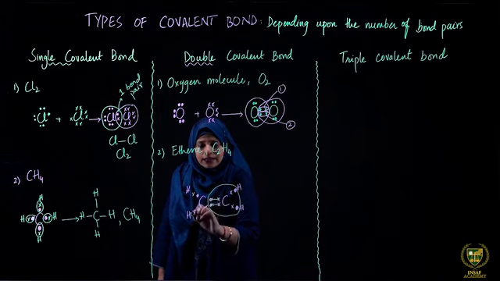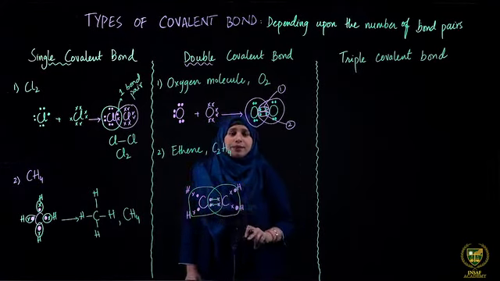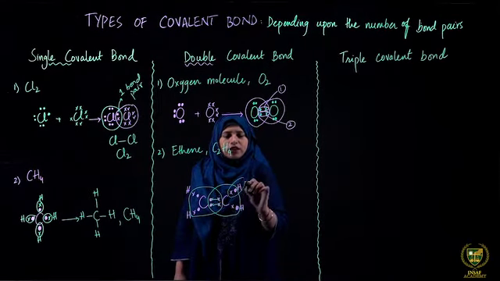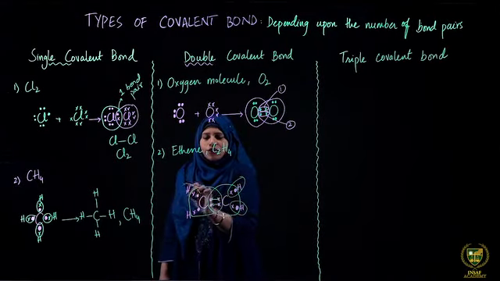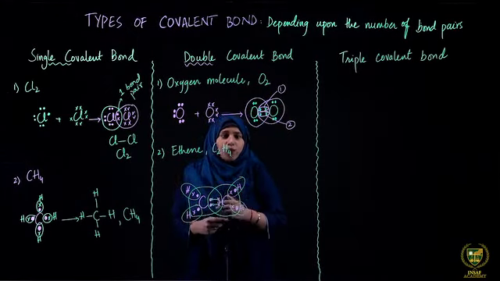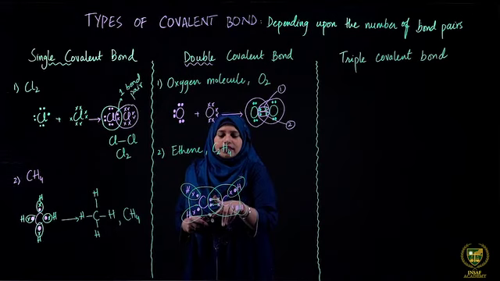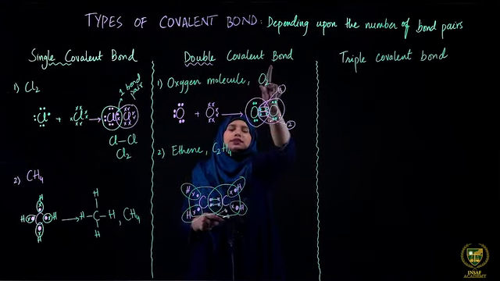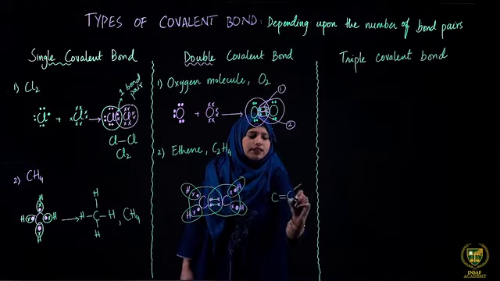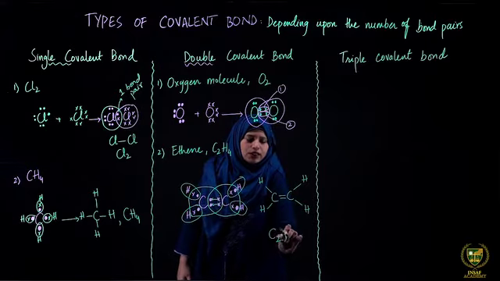Similarly, if you count the electrons of this carbon, you can easily count it: carbon 1 2 3 4 5 6 7 8. This means that this carbon is now in a stable form. And if you look at the stability of hydrogen, each hydrogen also has 2 electrons. So this structure is complete now and you can see 2 bond pairs are involved in this structure. So we can say that it is a double covalent bond. If we draw its structure, it would be C double bond C, with H and H, H, H. So in total, C2H4.